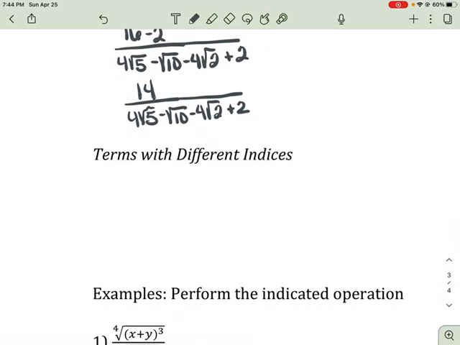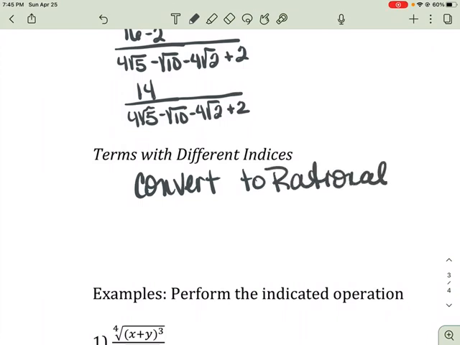All right, so when we have different indices, all we're going to do is convert to rational exponents. Okay, so convert to rational exponents.